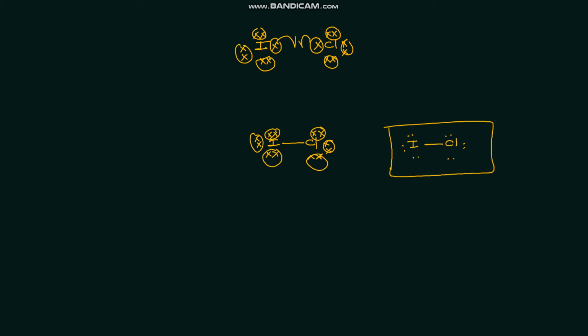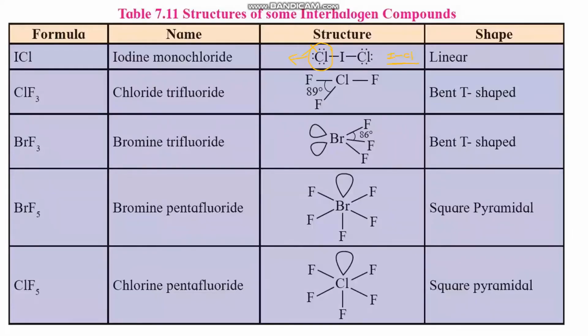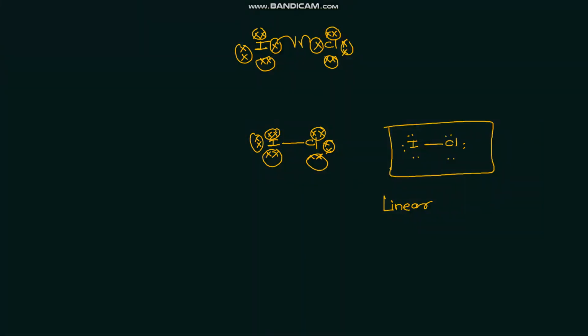And it is a straight chain structure, therefore the shape is linear. And why is the name iodine monochloride? Because here only one chlorine atom is present.